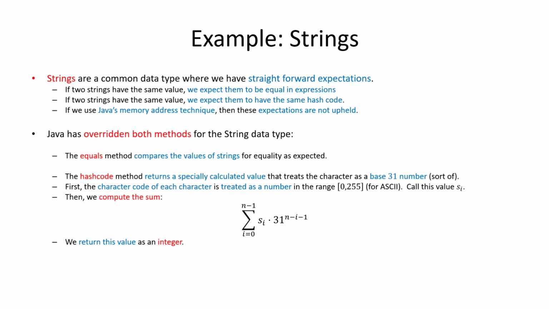Specifically, the equals method works as you expect: it does a deep check of our two strings. And then the hashcode method actually uses an interesting technique. This technique is a conglomerate technique that's been built up over time using a couple of different techniques built into one.